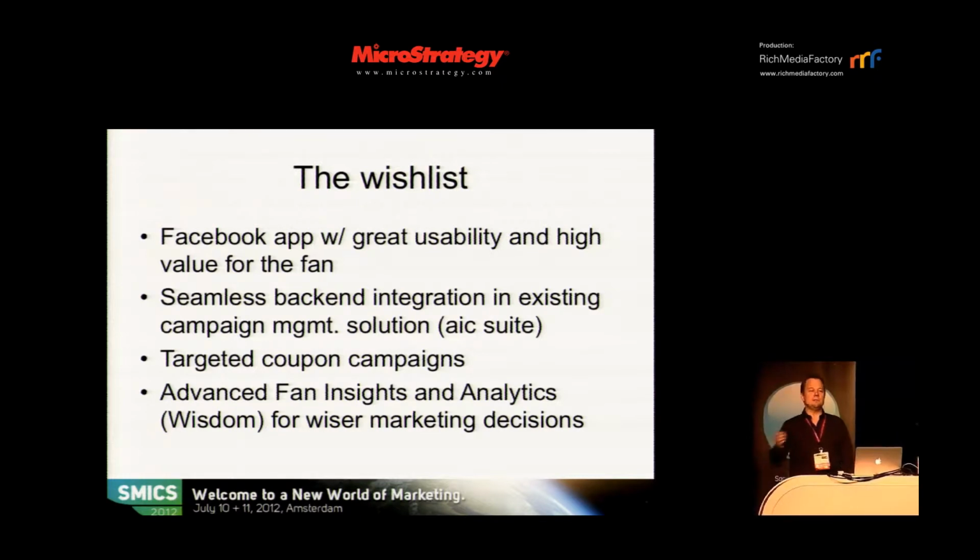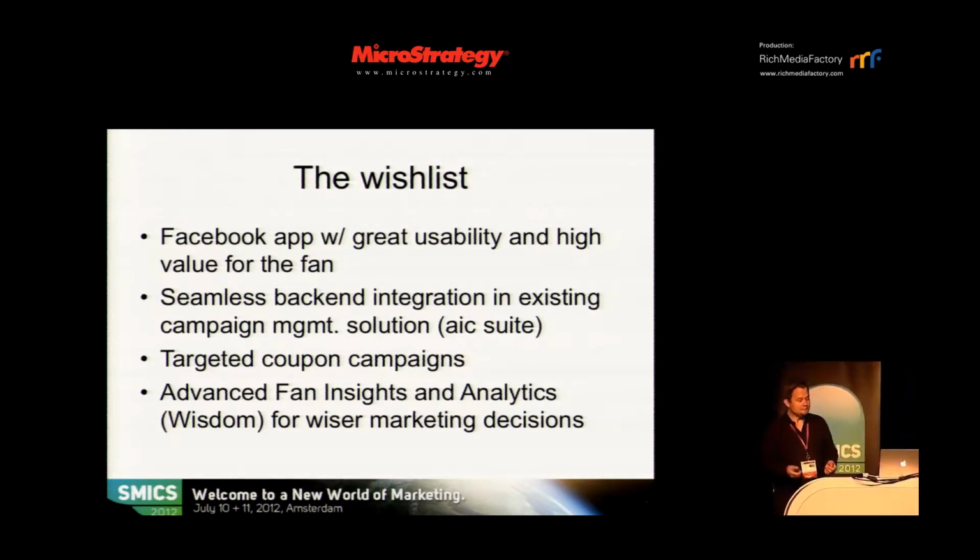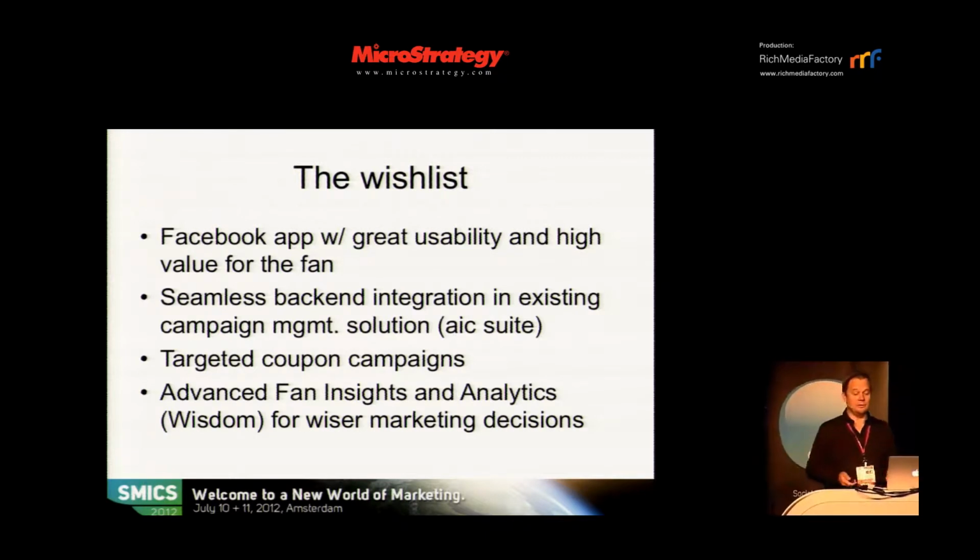No, we wanted something funky. We wanted to have it targeted to the interests and likes of your social graph. So when you're logged in as a young lady, you get different coupons. For example, I get coupons for skincare for the elderly man, for anti-aging now. And we wanted to make use of all the nice data that we get by integrating this application, which is then the wisdom tool that Rich is going to show us.